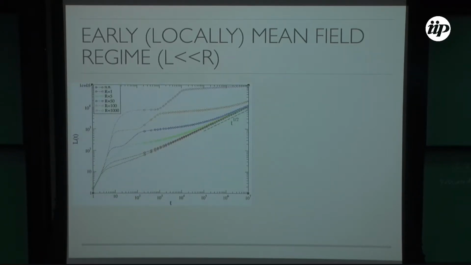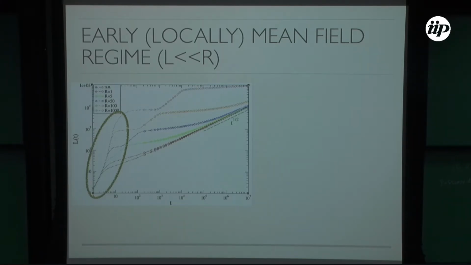The early regime, which is this part here, is basically mean field. At short times, if the size of the domains is much smaller than this capital R, then inside an interaction range you have many, many domains, and so the system behaves as in mean field.